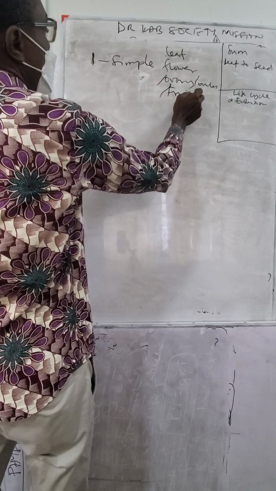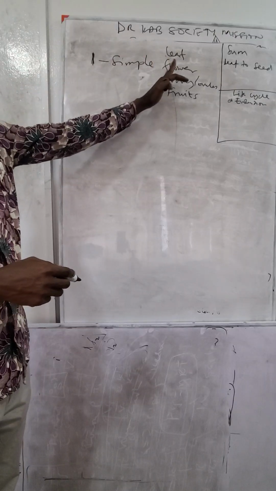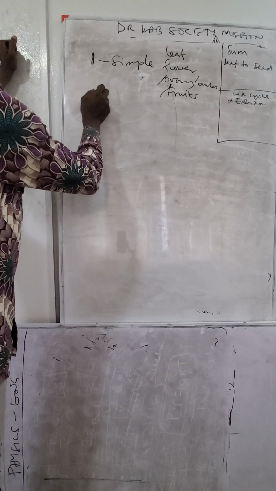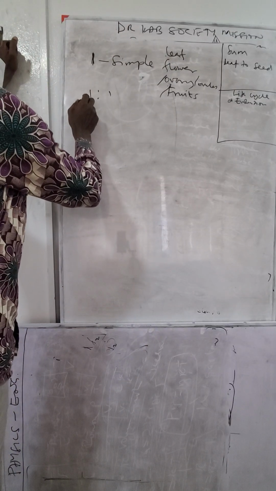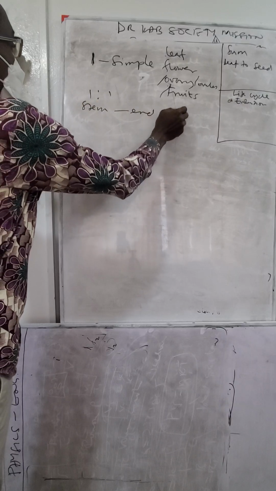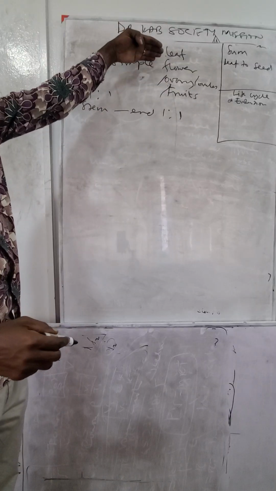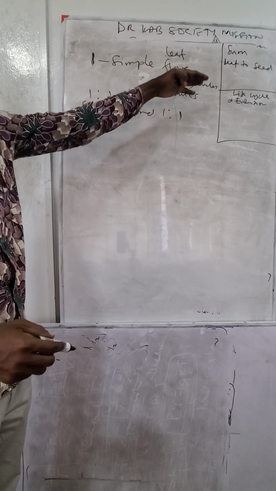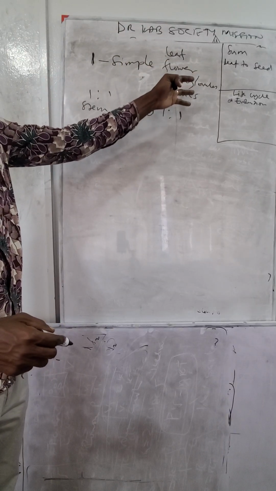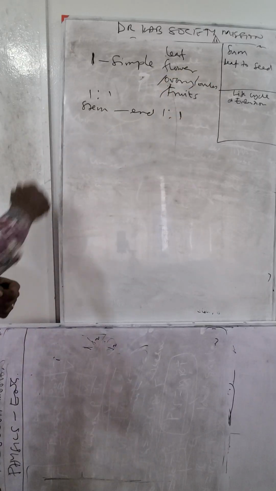So when it is only one, that is a 1:1 ratio from the stem to the end. That is a simple leaf, simple flower, simple ovary, or simple fruit.